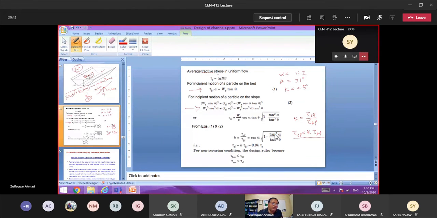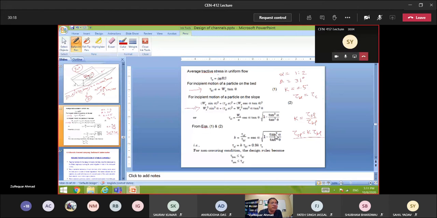Now see here, as I told you, you have to design for the higher shear stress. For that, let me say you are taking tau BL equal to tau C. That is never designed for tau C; in general, it is designed for 90% or 80%. But just for the discussion, I am taking tau BL equal to tau C, and say tau C is equal to 2.2 Newton per meter square.